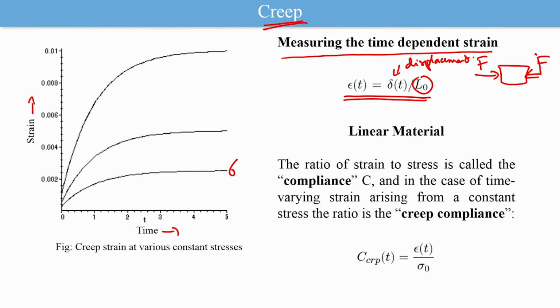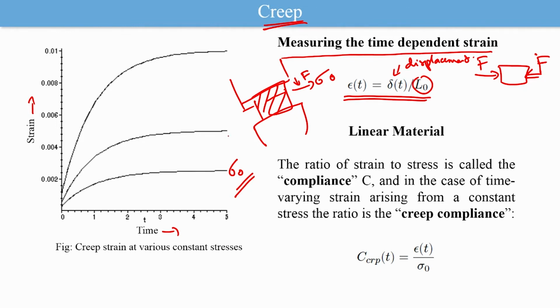So, what we usually do to do a creep test is, you keep a tissue, you almost instantaneously apply a force F. Okay. So, the stress in this tissue will become, say, something like sigma 0. And this is what happens in a creep test basically.